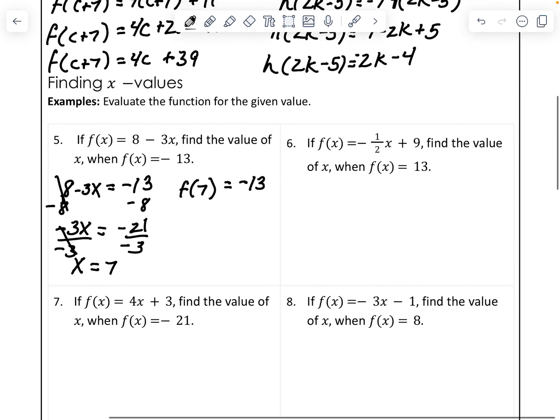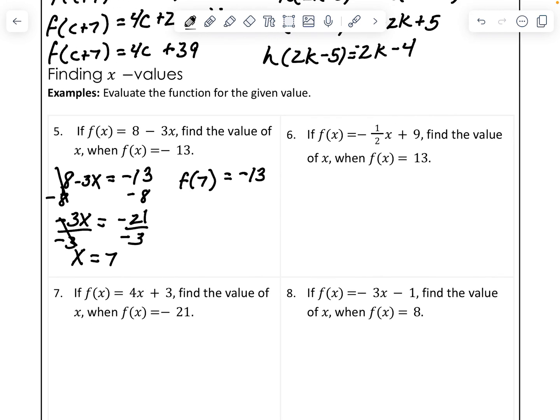Okay, so again, it's saying if f of x equals negative 1/2 x plus 9, find the value of x when f of x equals 13. In other words, it's giving me the output, and I have to figure out the input. I have to figure out what x equals. So I'm going to say negative 1/2 x plus 9 equals 13. So I'm trying to figure out the value of x when y is 13. So solve for x.